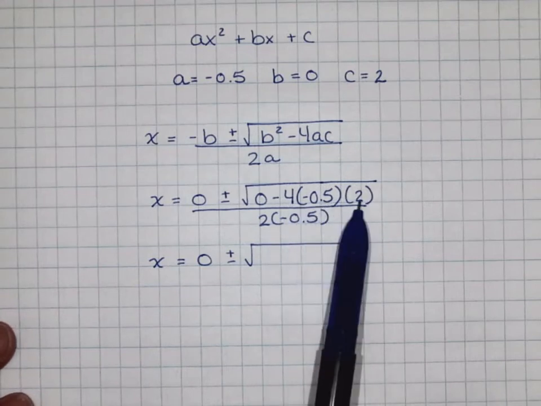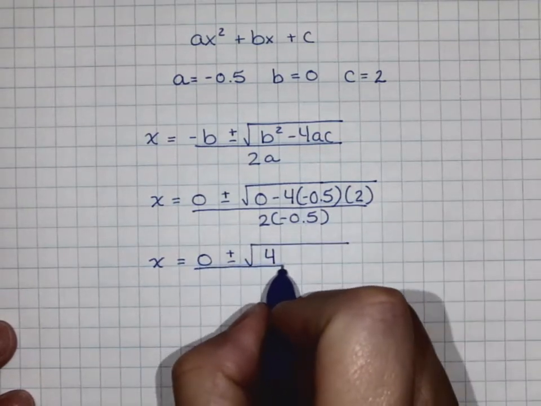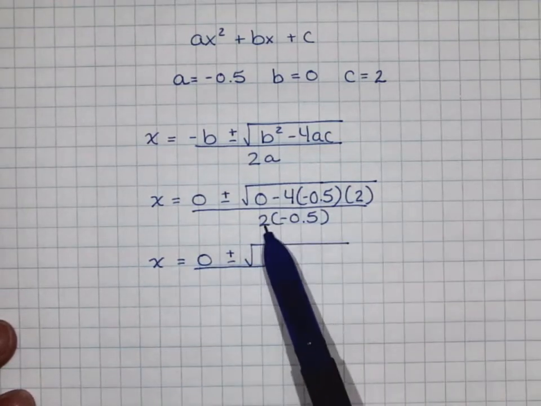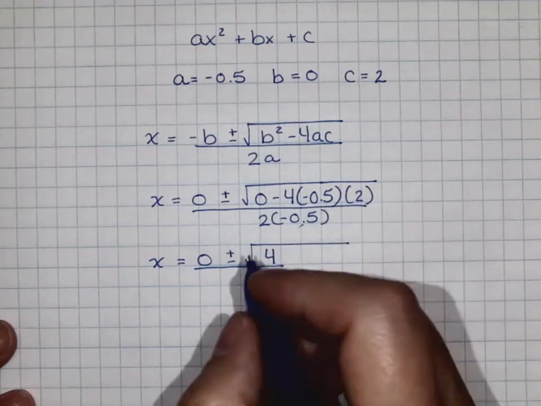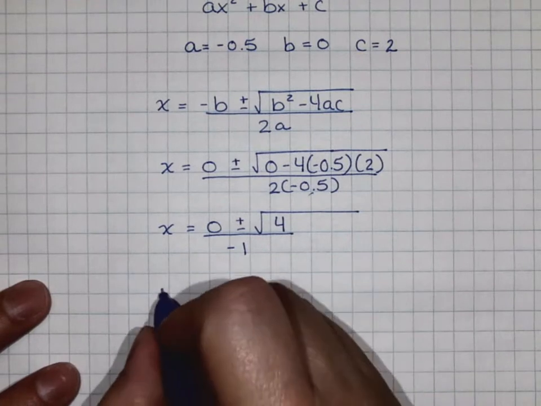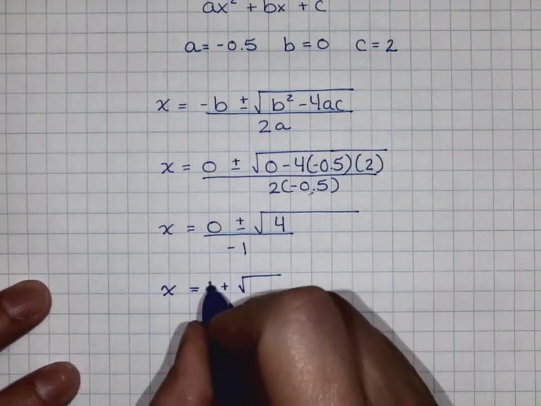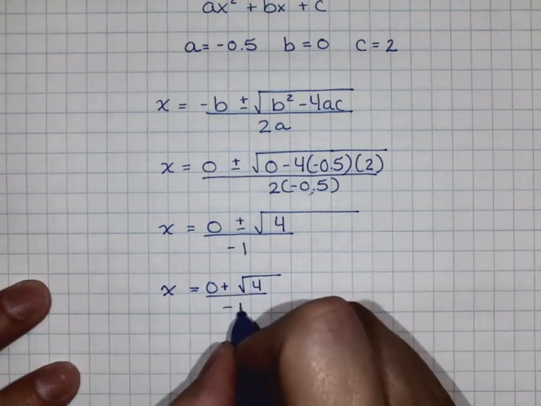Positive 2 times by 2. 4, good job everybody. And 2 times by negative 1/2? Negative 1. So we have one answer that is 0 plus root 4 divided by negative 1.